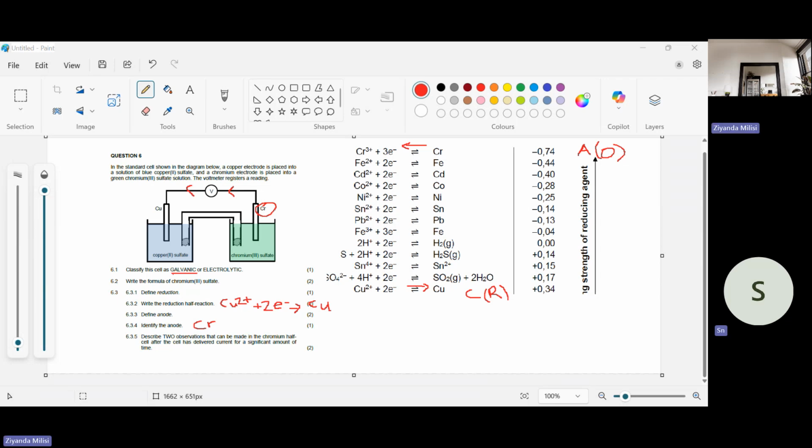The electrons are moving from Cr to Cu. Could we describe 2 observations? What is going to happen where the cell has delivered current for a significant amount of time? Electrons are moving this way and are going to Cu.